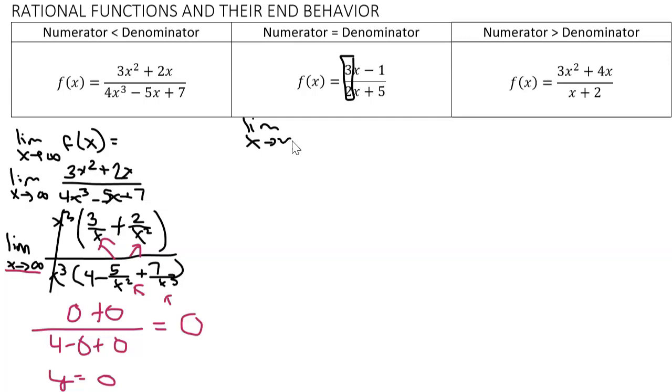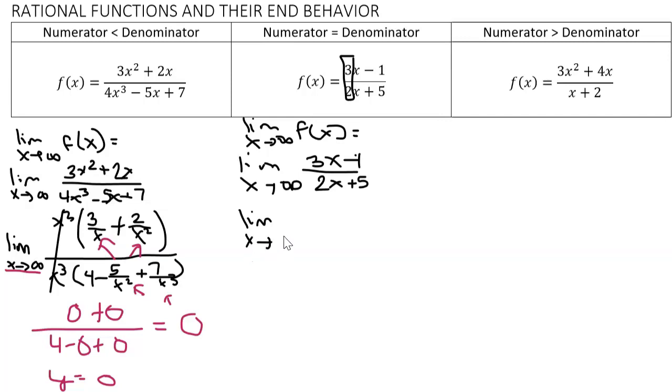So we have the limit as x approaches infinity of f of x equals the limit as x approaches infinity of 3x minus 1 over 2x plus 5. This time we're going to factor out an x from every term because that is our highest exponent.